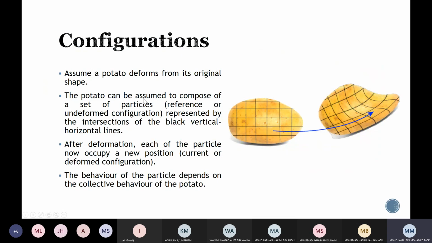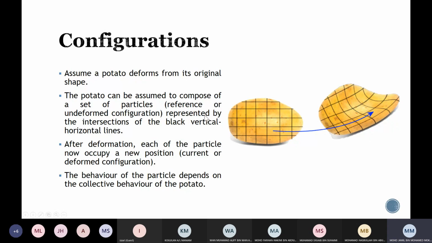In this potato, we can assume that it consists of a set of particles, many particles packed closely together, with no voids. At the initial stage here, we call this initial stage the reference or undeformed configuration, the original configuration.